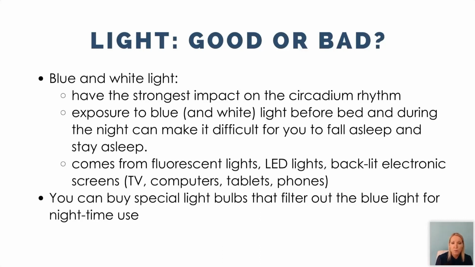Exposure to this blue light before bed and during the night can make it difficult for you to fall asleep and stay asleep. It comes from fluorescent lights, LED lights, and backlit electronic screens. But do keep in mind that you can actually buy special light bulbs that filter out the blue light for nighttime use. I'll be talking a little bit about that later.